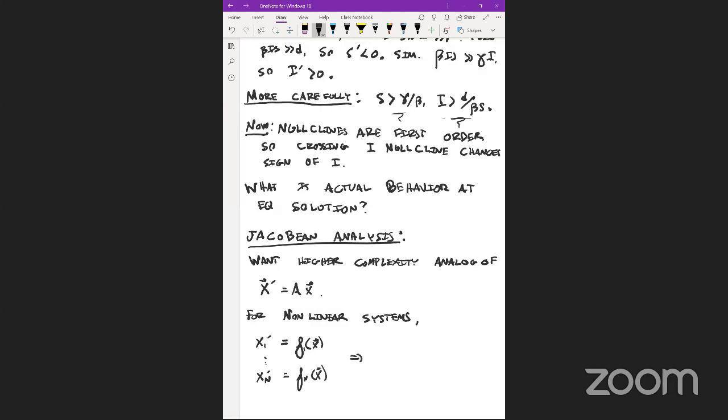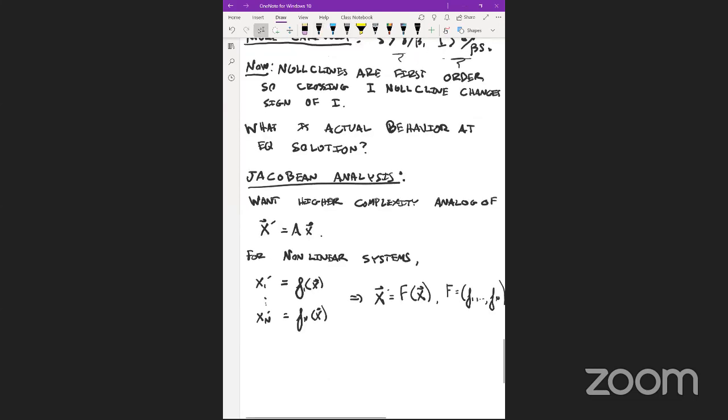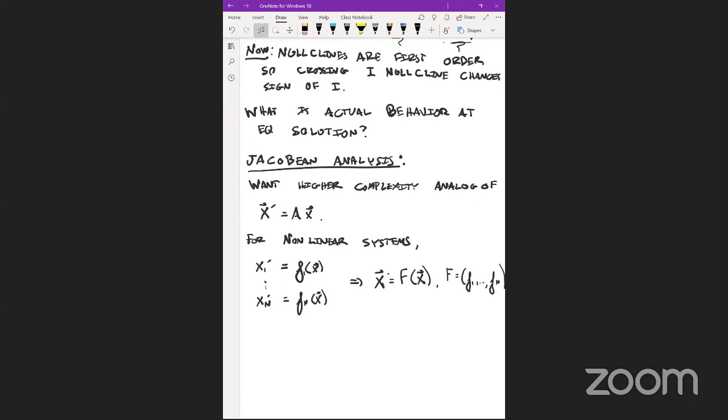We can package all of this into one function. So x prime is equal to capital F of x vector, where F is equal to f1 up to fn.